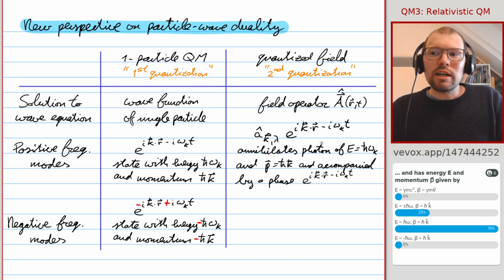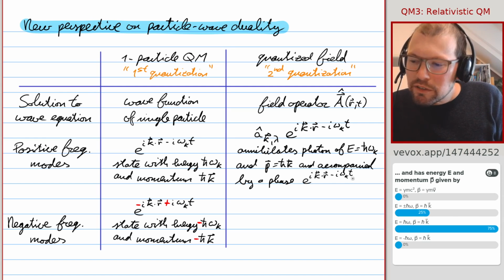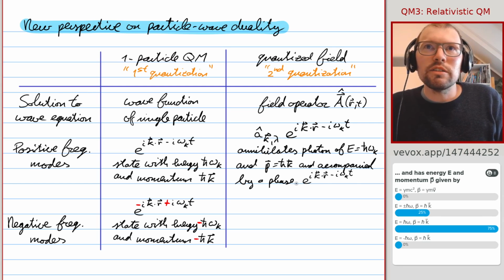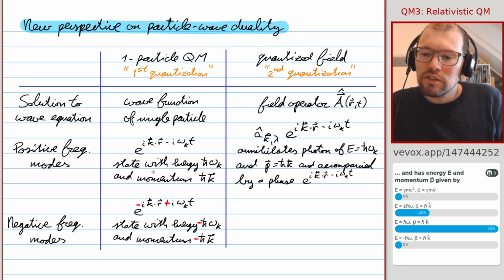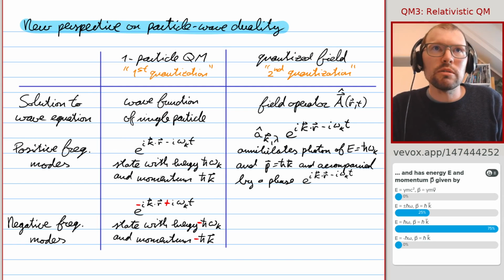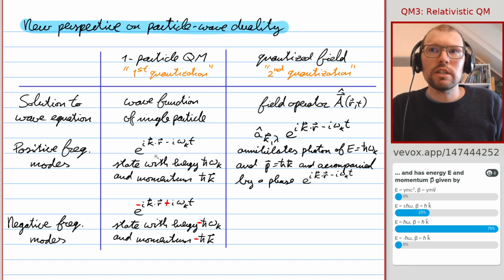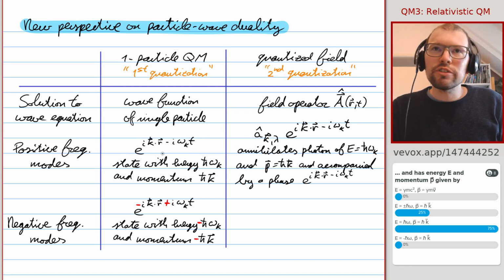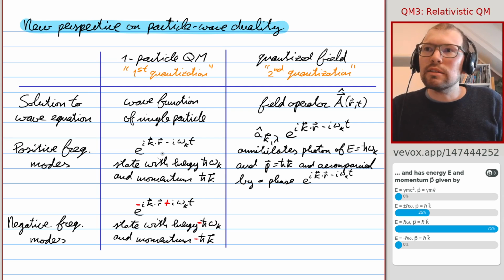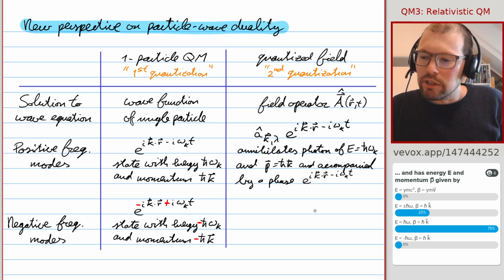And what your apparatus then feels is this phase that comes accompanied with this annihilation. This is the same as you would see in one particle quantum mechanics: if I interact with a particle, I see this phase. But the real difference comes now when I look at the negative frequency modes.